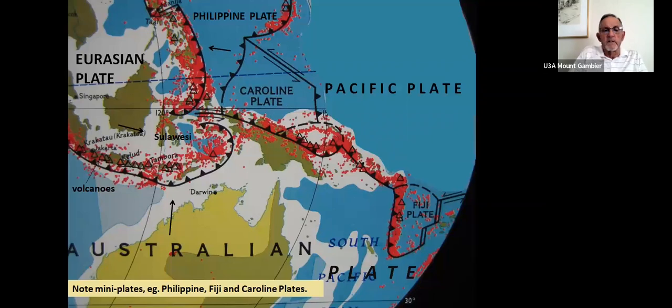And here it is illustrated by earthquake epicenters, showing Philippine Plate subducting under the Philippines, and the Australian Plate effectively subducting under Indonesia, or likewise from PNG right through to Fiji, subducting northward under the Pacific Plate, which is moving westward.